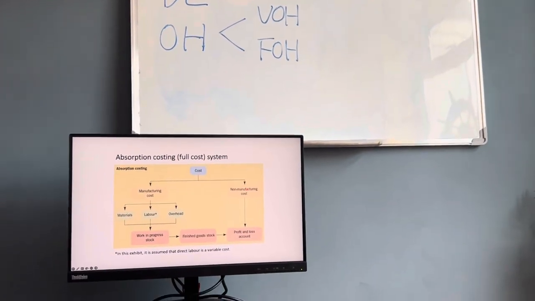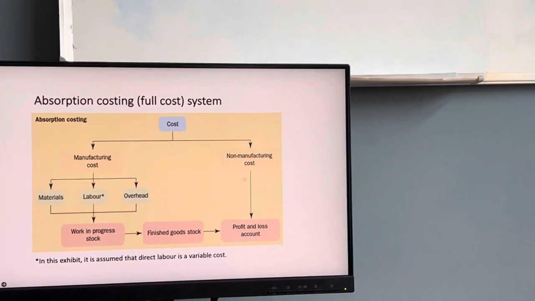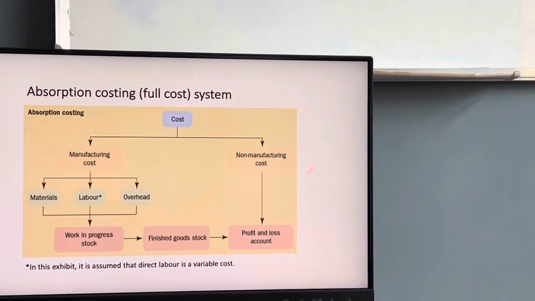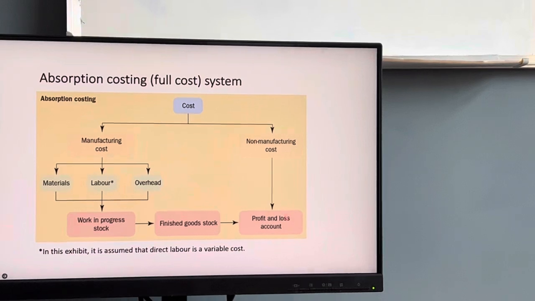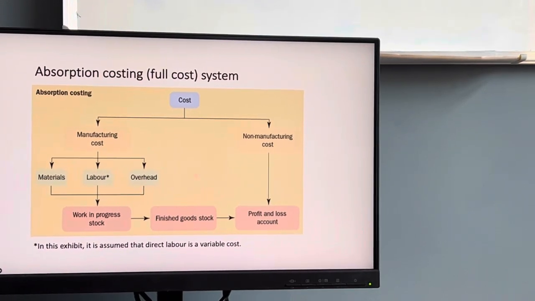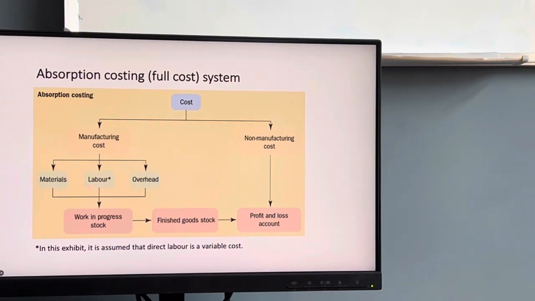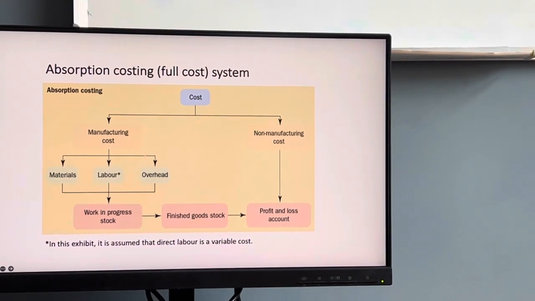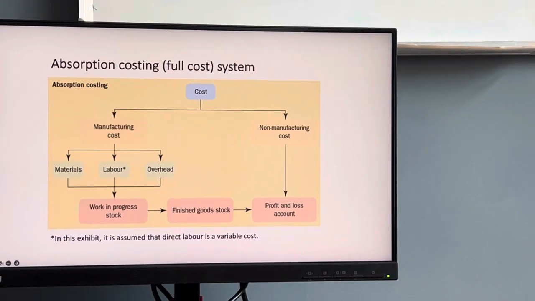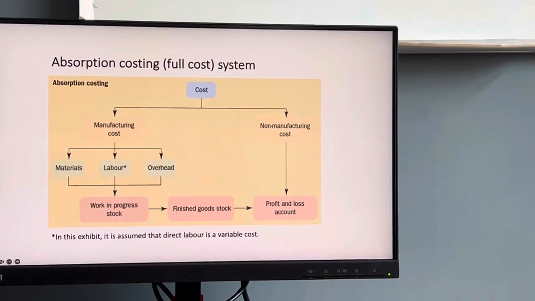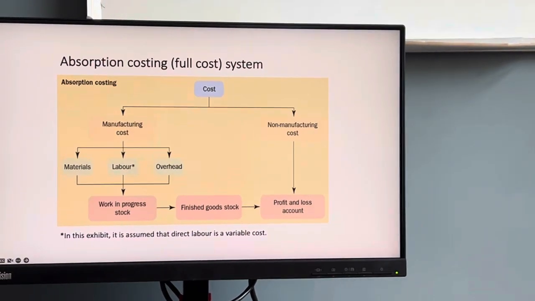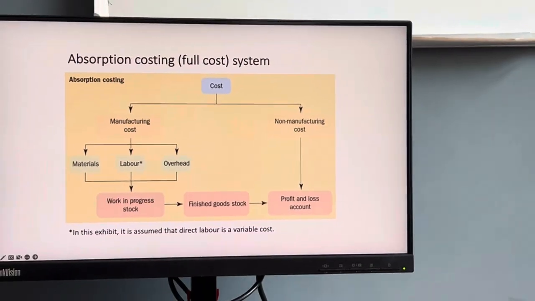Remember, we still have non-manufacturing cost here, treated as period cost. This cost is directly moved to P&L accounts. If we look at all this cost here, material, labor, and overhead, all of it will join the flow of inventory to work in progress or finished goods stock, and is included in cost of sales.